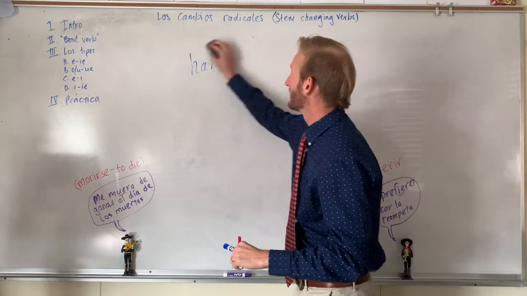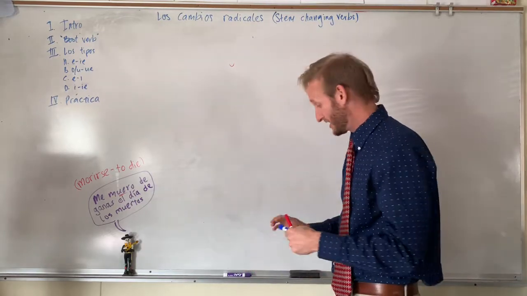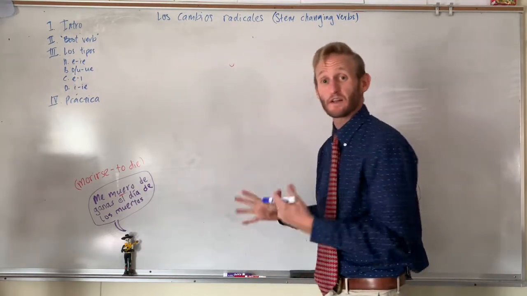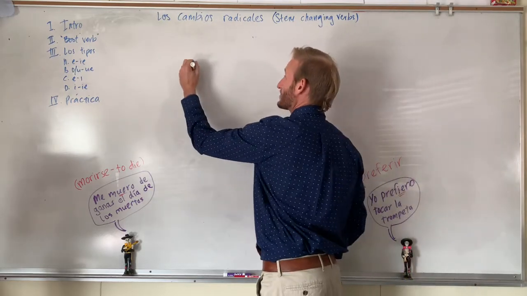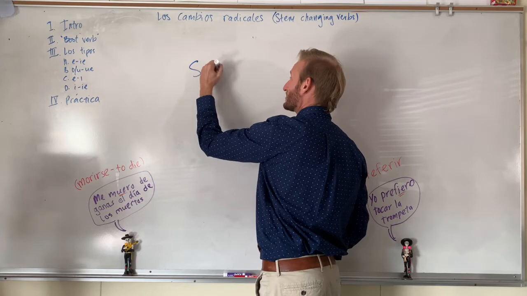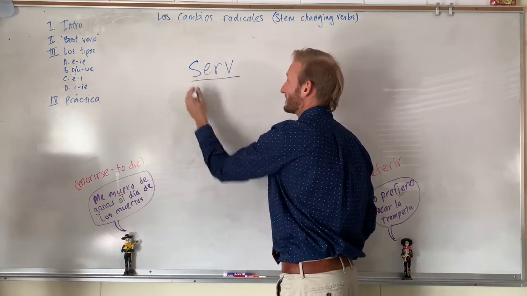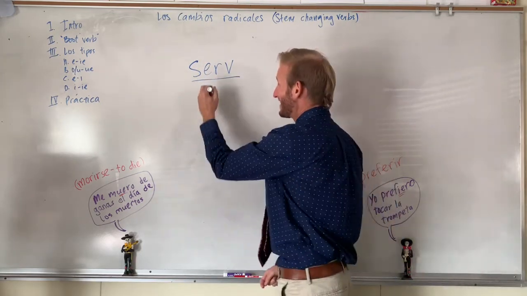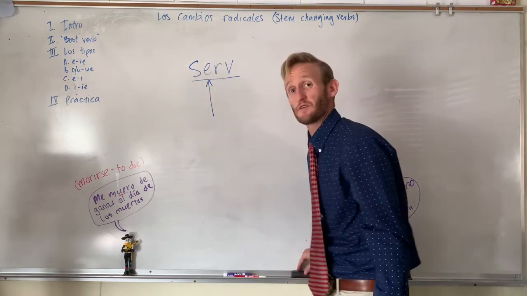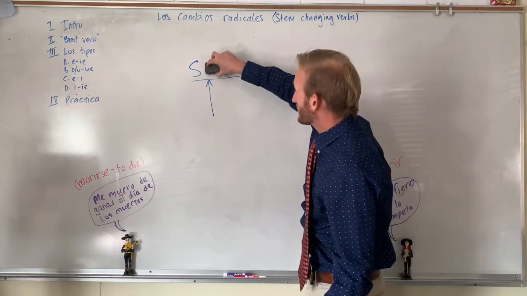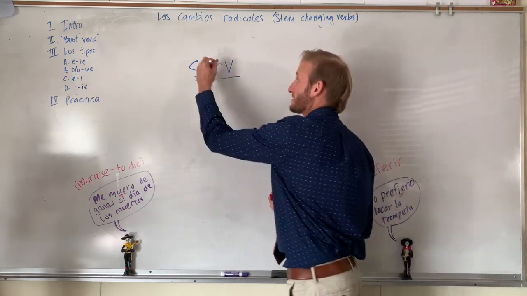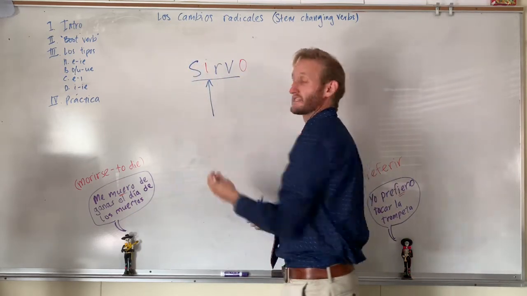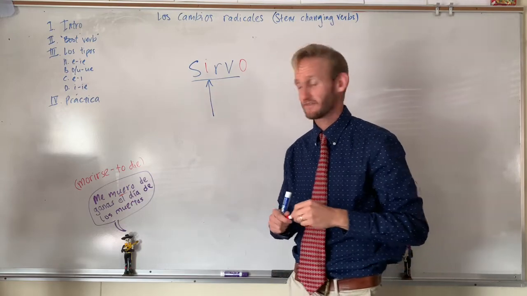However, a lot of verbs are stem changers, meaning that when you conjugate it, the stem of the verb is going to require that you modify the vowel and change it to something else, as in sirvo, I serve.